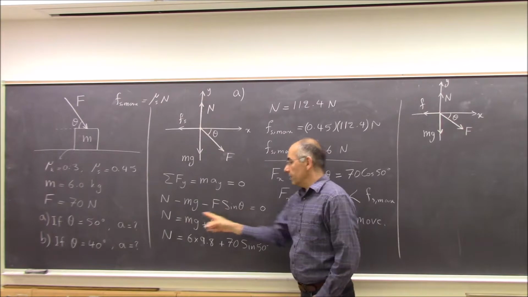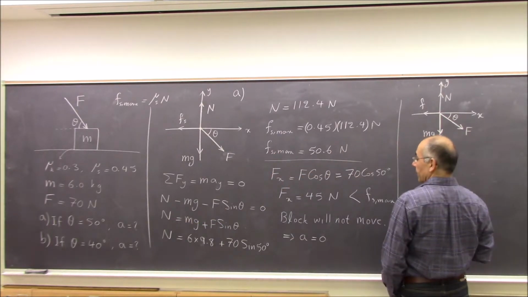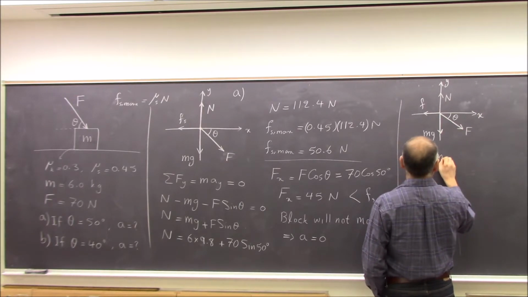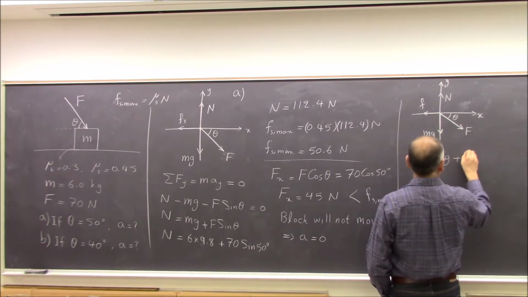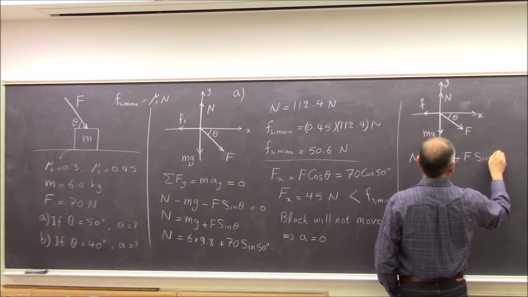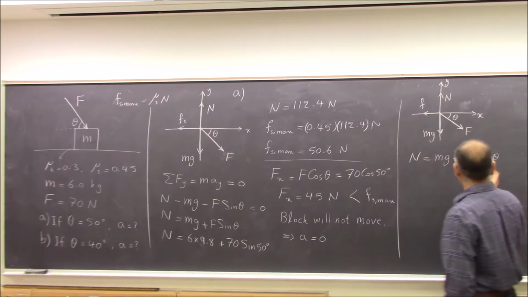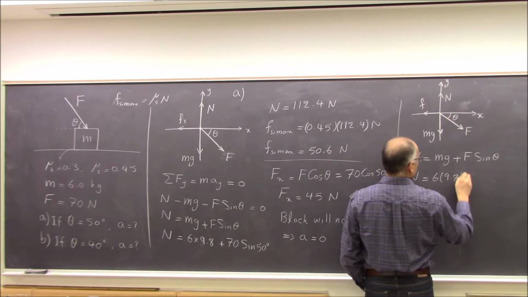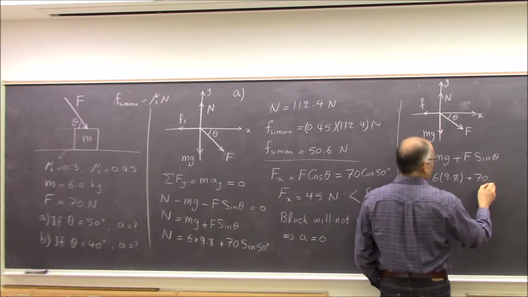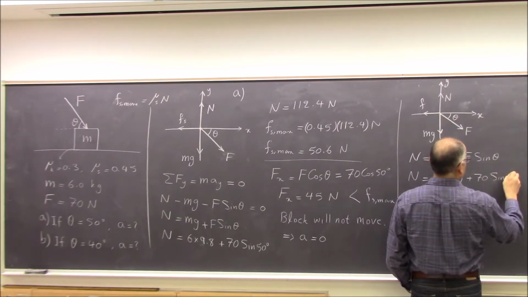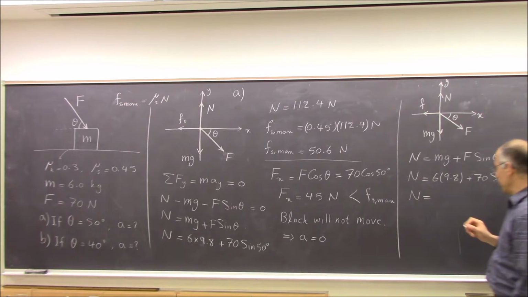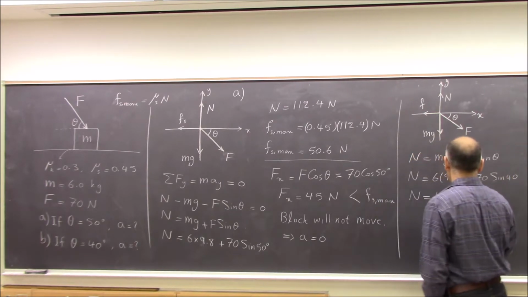You get the same expression for N, but now theta is different. So N is equal to mg plus F sine theta, again. But theta is now different, so N becomes 6 times 9.8 plus 70 sine 40 in this case. How much is this N? 104 Newton, right?